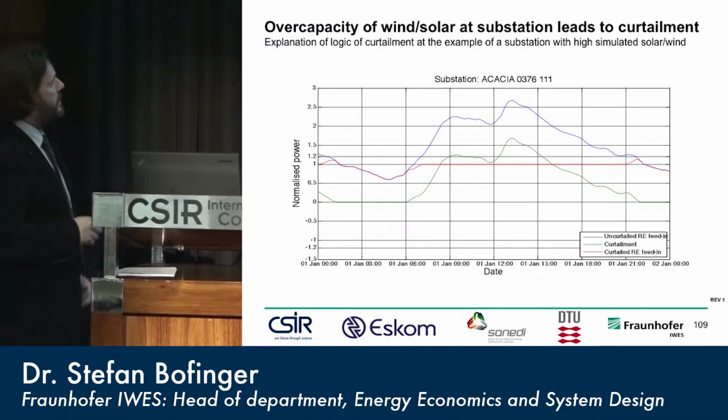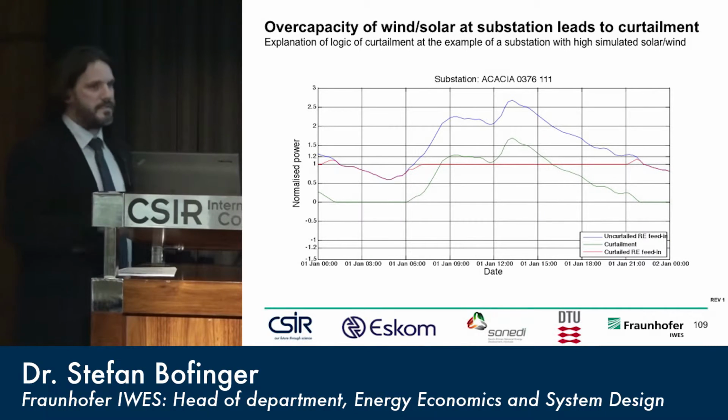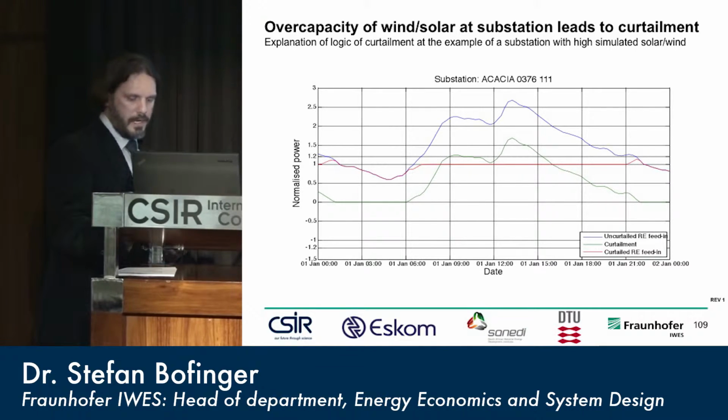But it's not allowed that this overload lasts more than 45 minutes, I think. So we generated, according to this, the curtailed feed-in, which looks like the red curve here.